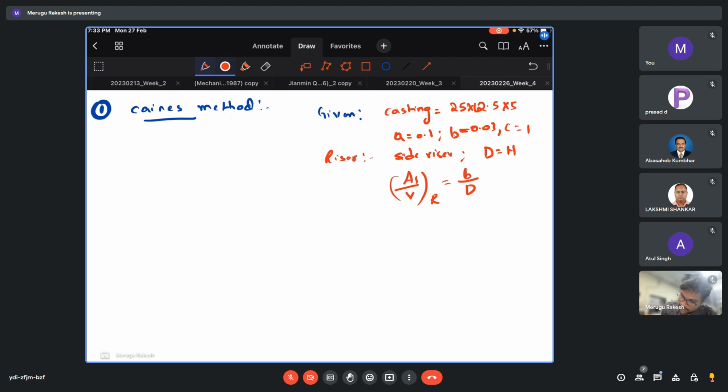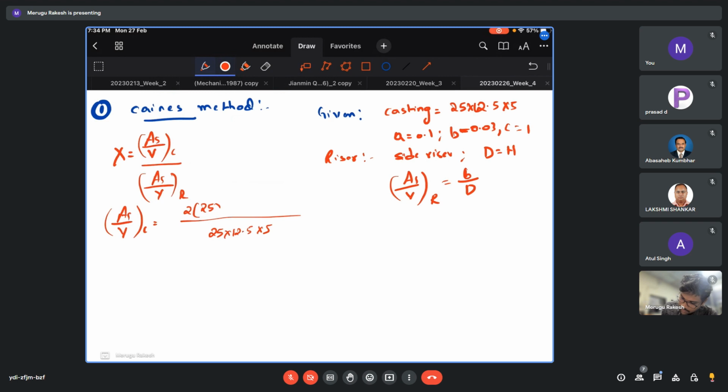Okay, so X is the surface area by volume of the casting divided by the surface area by volume of the riser. So the surface area by volume of the casting is, volume is this, and then surface area is this. Okay.